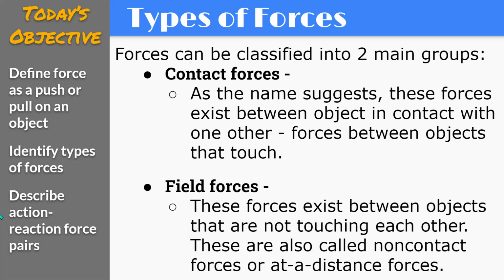Field forces, the second main group of forces, are forces that exist between objects that are not touching each other. These are also called non-contact forces or at-a-distance forces because they will pull on something or push on something at a distance instead of having to physically touch that object.